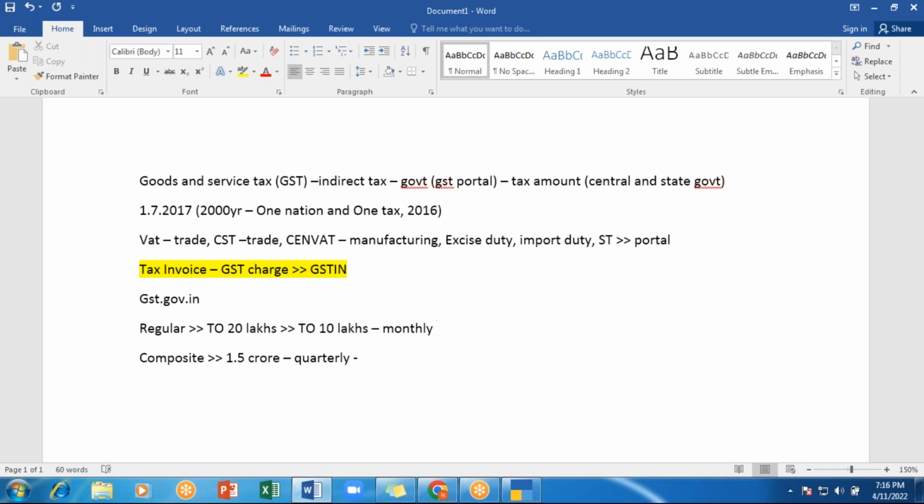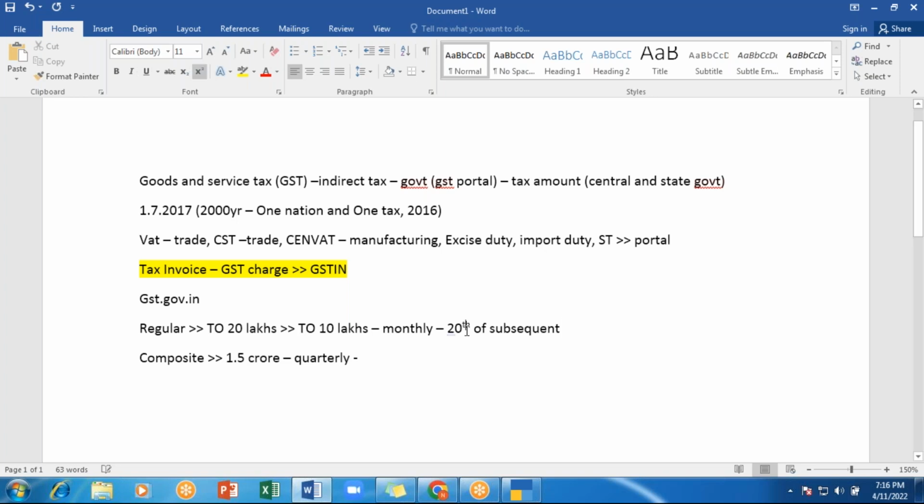April month tax I'll pay in the subsequent month, before the 20th of the subsequent month. Monthly you have to pay. April month tax I'll pay in May, May month tax in June, June month tax in July, like this.